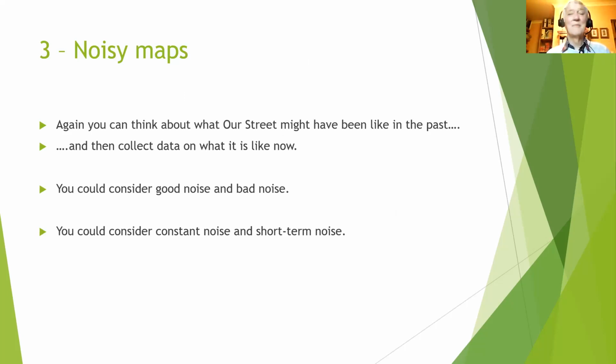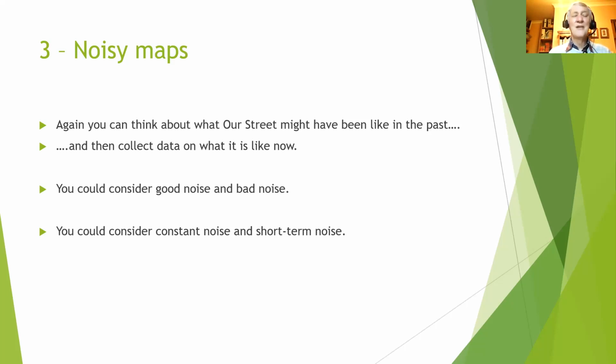So we've had smell, we've had safety, noisy maps. You can think about the noise that there might have been in that street in the past. 1861 and 1894. Think of the noise then. Think of the cattle being led to the slaughterhouse.